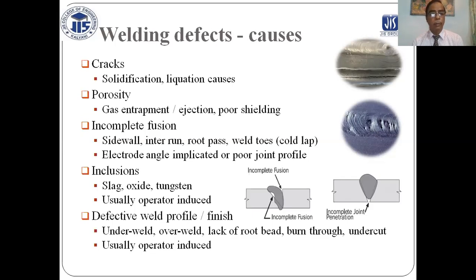Inclusions are slag, oxide, and tungsten. Tungsten inclusion occurs during TIG welding, usually operator induced. Defective weld profile includes underfill, overfill, lack of root bead, burn through, and undercut, usually operator induced. So a skilled operator is also important to minimize defects.